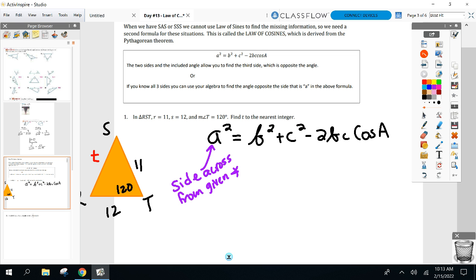You plug in the side across from it for A. Find the angle in the triangle that you're given. Look across from it. That's the side I plug in. How many sides in every triangle? Real quick. 3. I already used up one of the sides, so B and C are the other two sides. The order doesn't matter. Other two sides.